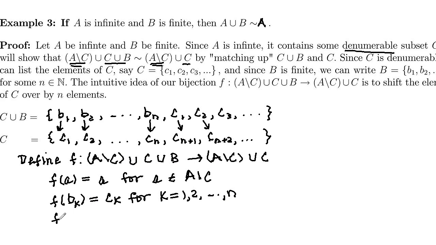The first n C's are already taken, so f of C sub k is going to get matched up with n plus k. So it's going to be C sub n plus k. And that's going to be for all natural numbers. So for k, an element of the natural numbers.